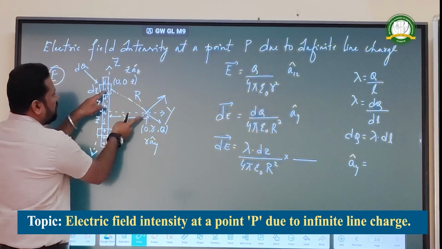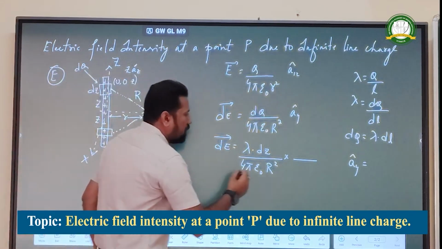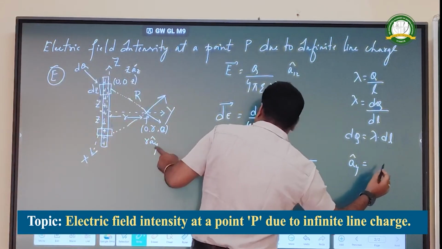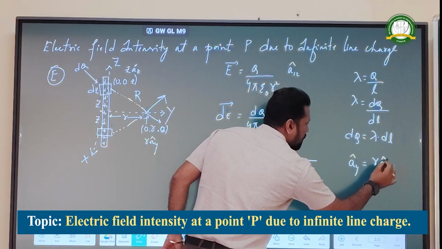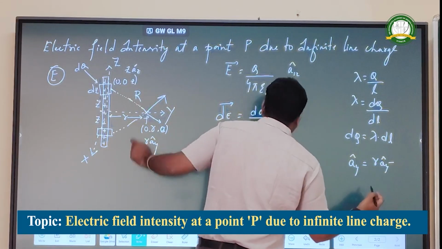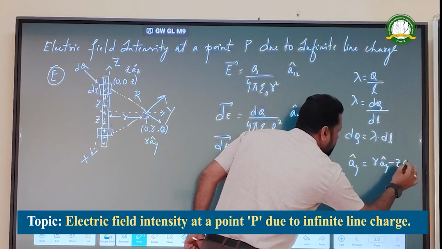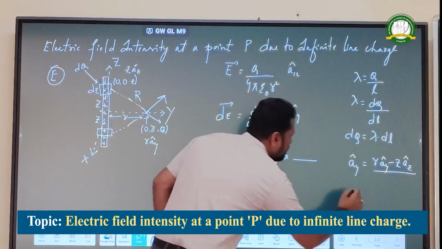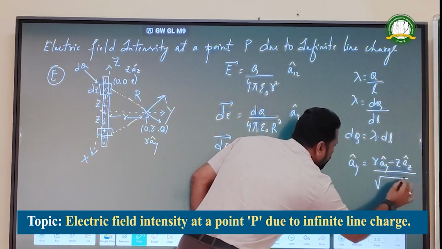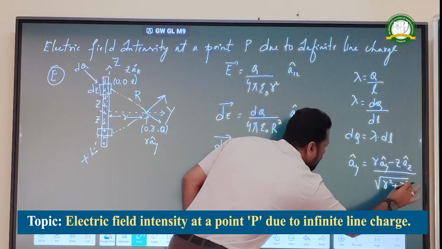If I take the difference between these 2 points, I will get the distance vector R. Therefore r a_y cap minus z a_z cap divided by the magnitude of R, which is square root of r square plus z square.